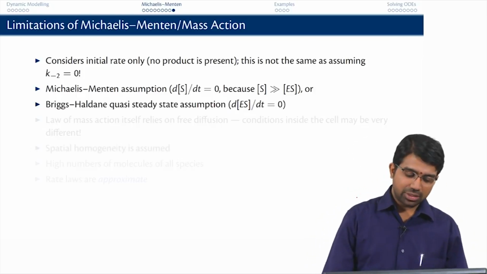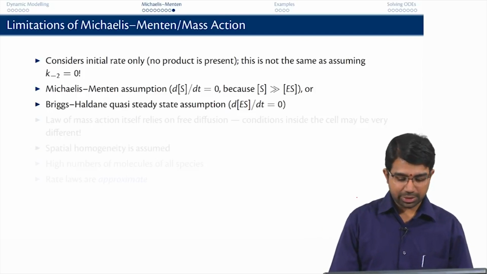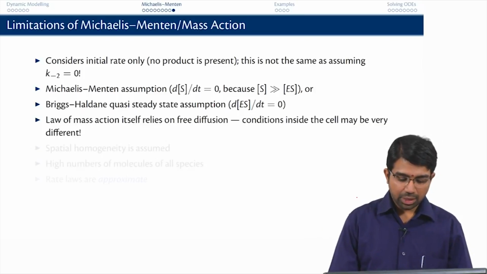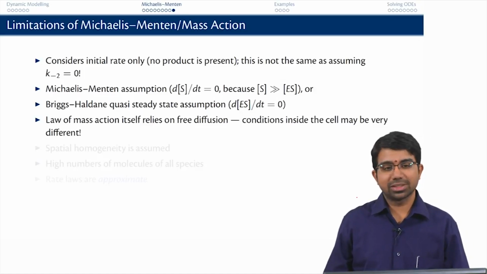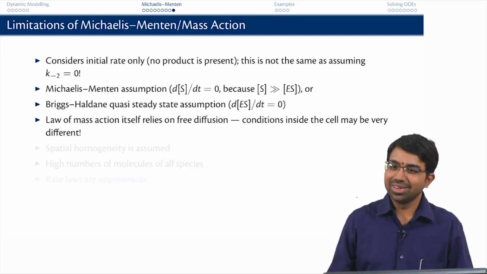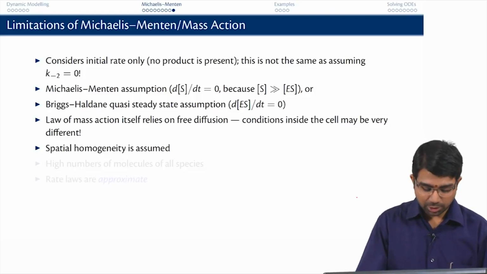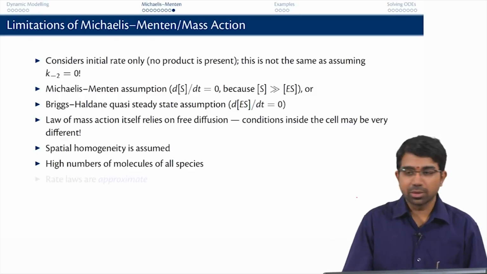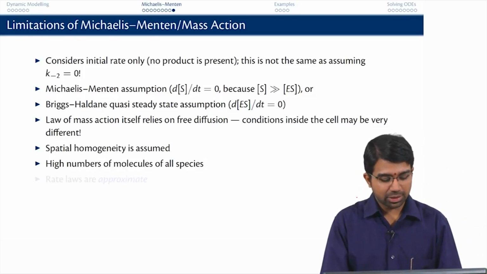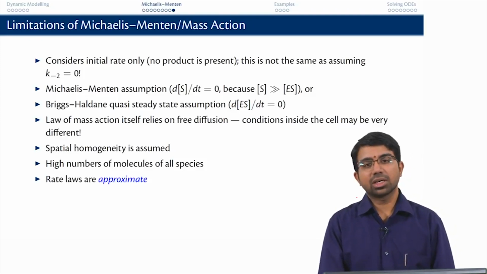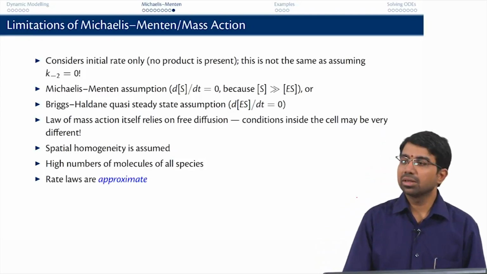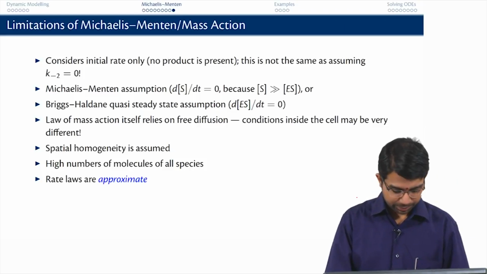Or you have the Briggs-Haldane quasi steady state assumption dES by dt is 0, and the law of mass action itself relies on free diffusion, whereas conditions inside the cell are actually a colloid, it is not just water, right, it feels more like a colloid, and the spatial homogeneity is assumed, high numbers of all molecules so that you do not have to worry about stochasticity, and remember that rate laws are approximate, they are models finally.